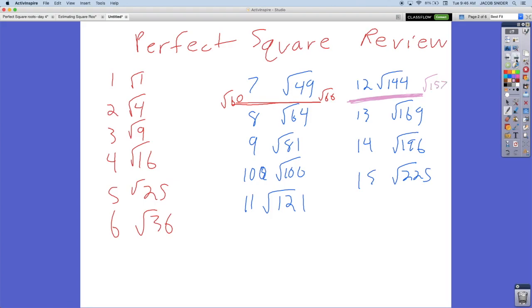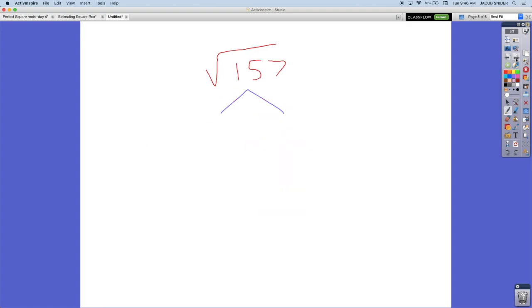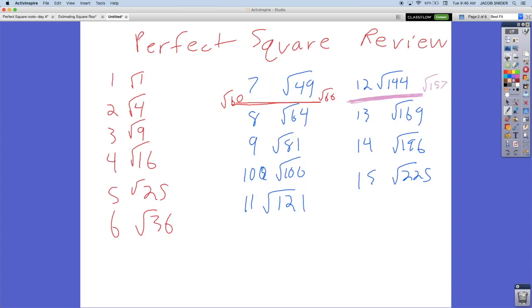Okay, right in between, right there. All right, so 157, it's going to be in between square root of 144, square root of 169. I know it's going to be between 12 and 13. Right, if I look back at my chart from the beginning, right there, that pink line in between 12 and 13.